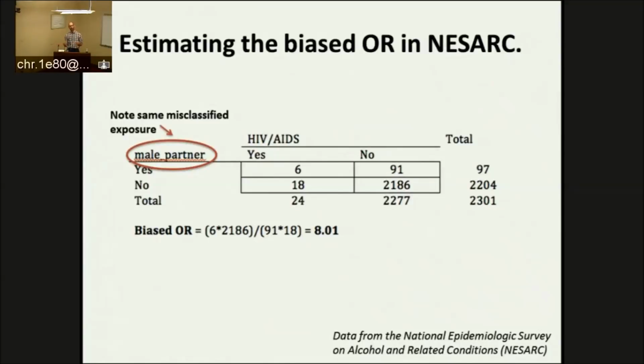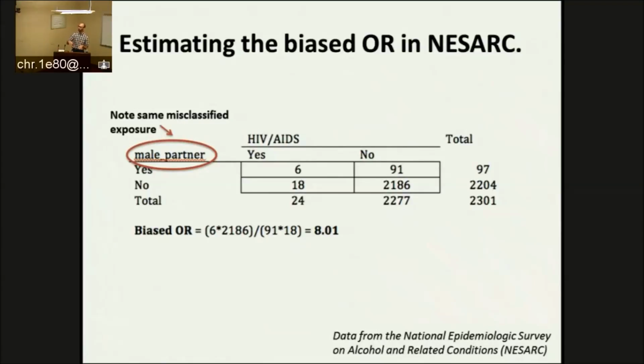NESARC is the national survey of alcohol and drug dependence and related conditions, generalizable to the U.S. A lot of what we know in public health about risk for HIV comes from national surveys like these, where we only have the potentially misclassified measure of sexual behavior, in this case partner gender. It could also be identity.